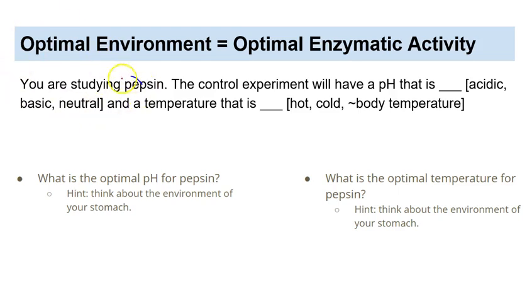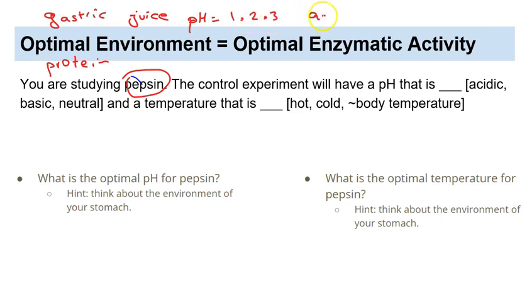Just remember pepsin is found in gastric juice in our stomach. Pepsin is the enzyme to break down the protein. Speaking about the stomach, just remember that in the stomach we have a pH of like 1, 2, 3, an acidic pH. Okay, now let's read the rest.